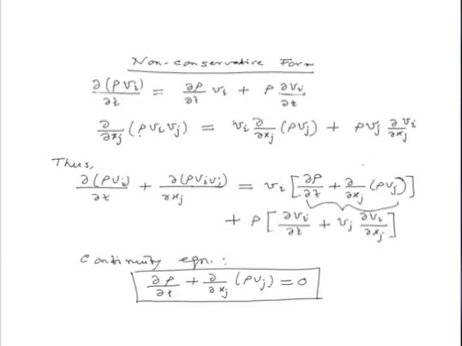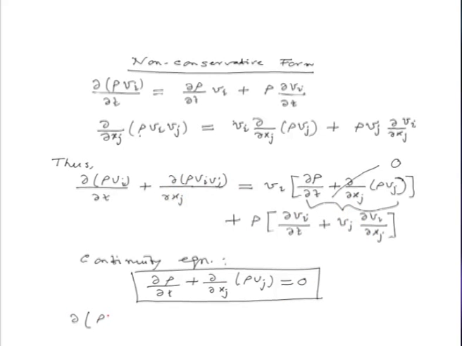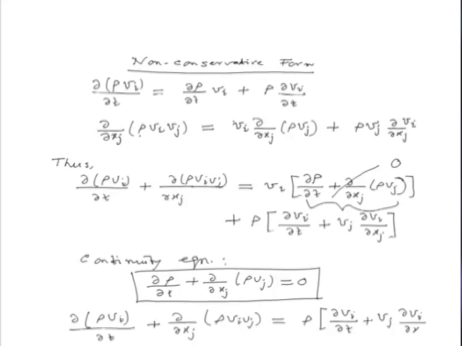So, hence the first term in the RHS vanishes, and what we get, that del of rho vi over del t plus del over del xj of rho vi vj, this is equal to rho times del vi over del t plus vj del vi over del xj.